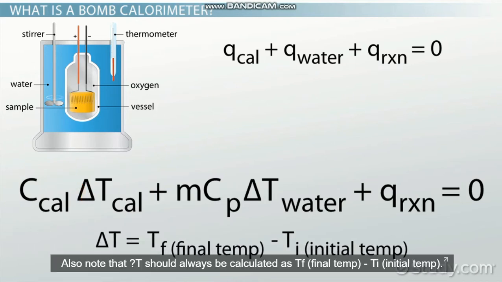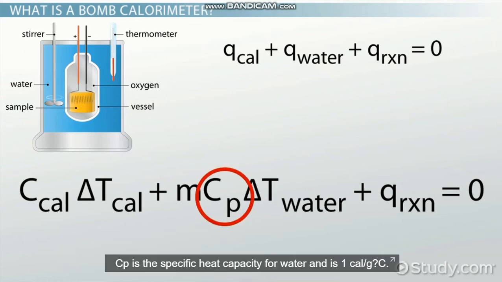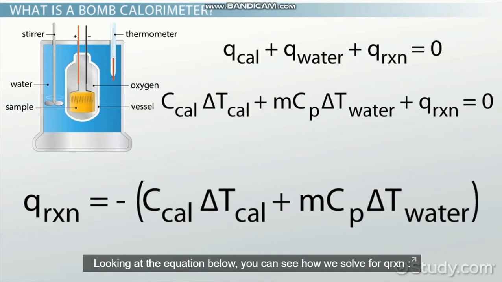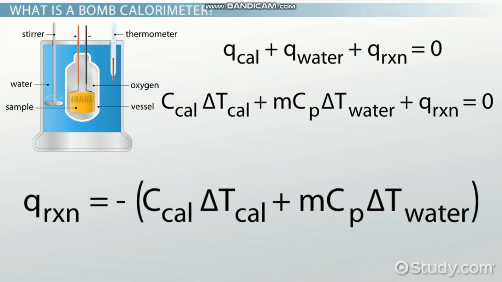Also note that delta T should always be calculated as Tf, final temp, minus Ti, initial temp. This means that if the temperature of the object goes down, delta T will be negative. Cp is the specific heat capacity for water and is 1 calorie per gram degree Celsius. Looking at the equation now appearing on your screen, you can see how we solve for Q reaction.